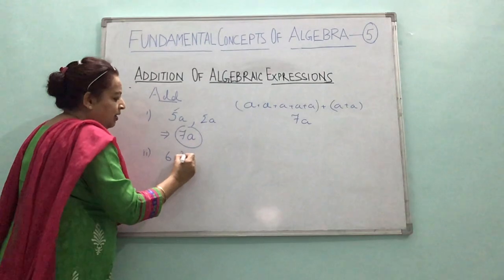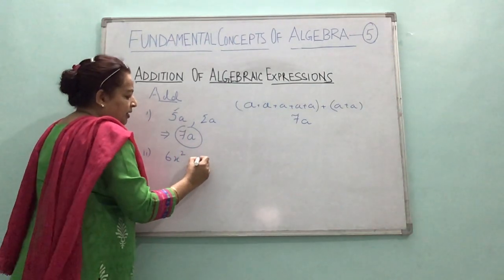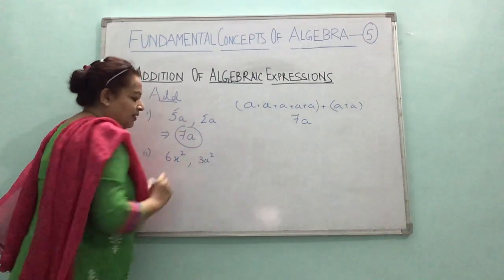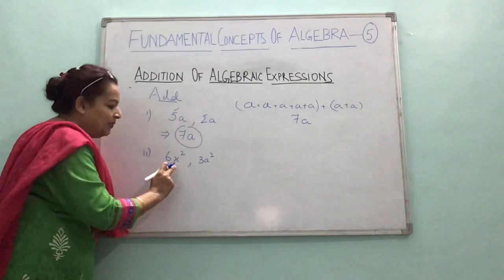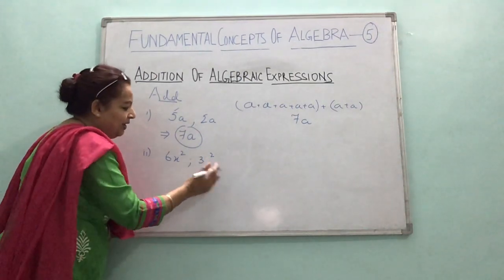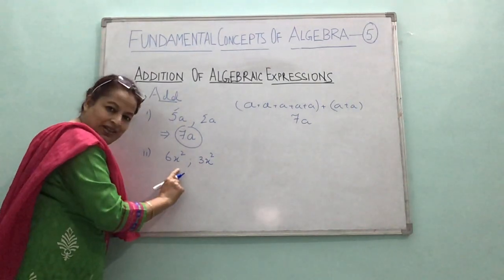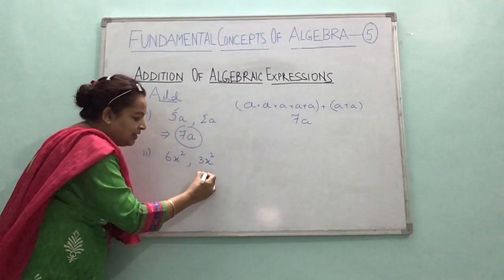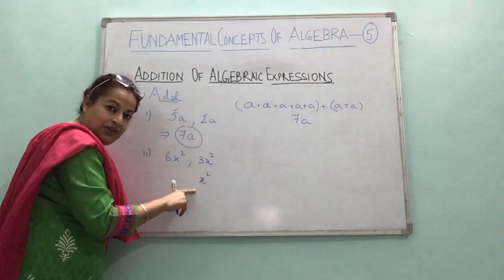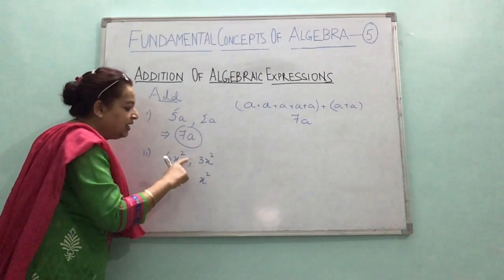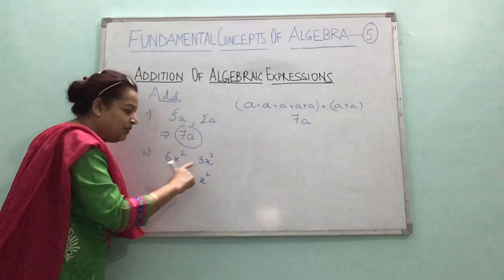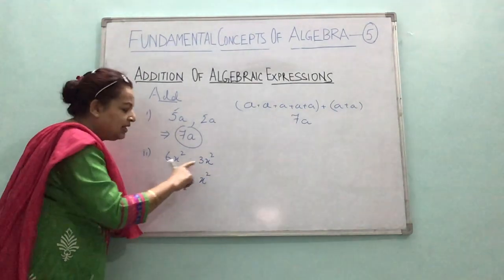Second, 6x square and 3x square. So the literal coefficient is x square, that remains as such. Remember children, this would not change. You will not make it x raised to power 4. This would remain exactly the same. These are like terms.